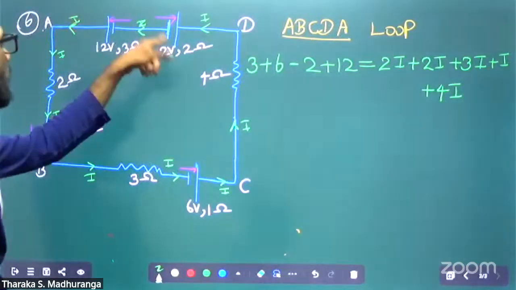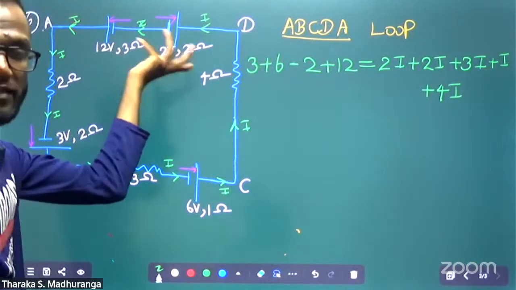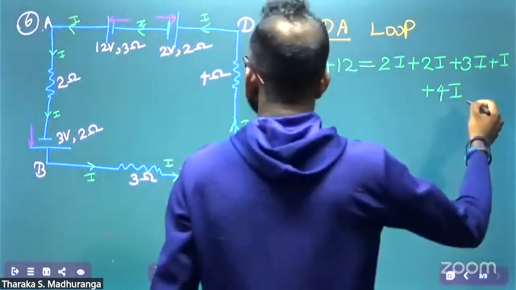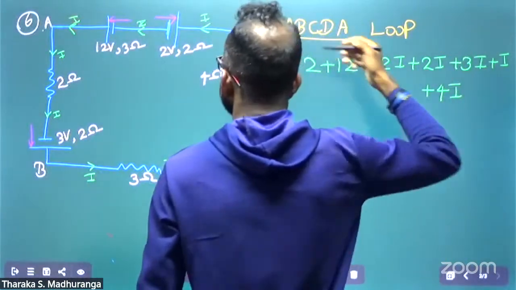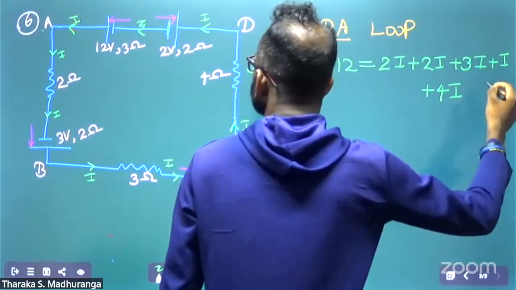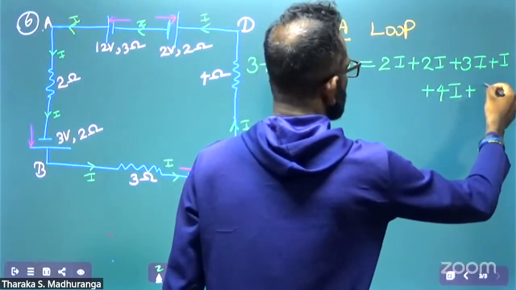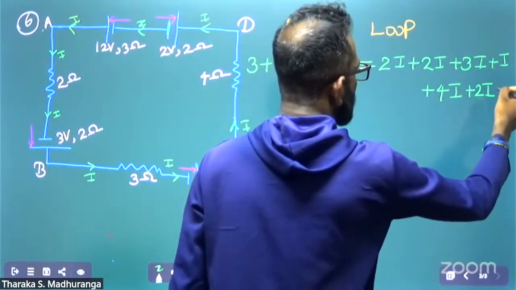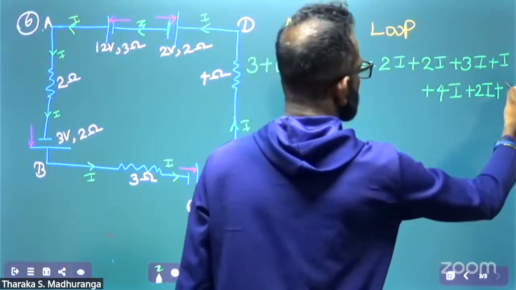D to E, there are 2 batteries. The 2 batteries have internal resistance. Our direction and current direction D to A are the same, so plus 2I plus 2I plus 2I plus 3I.